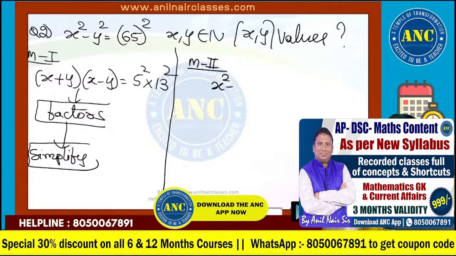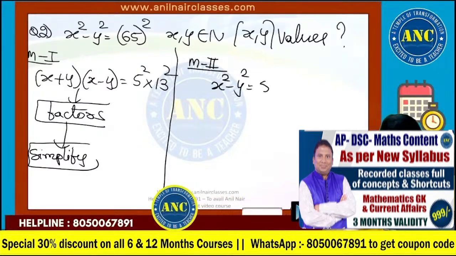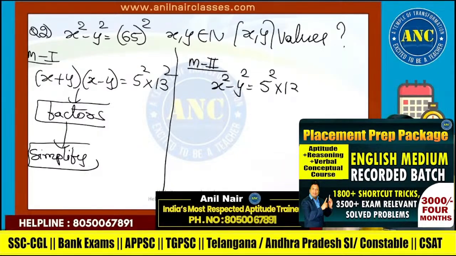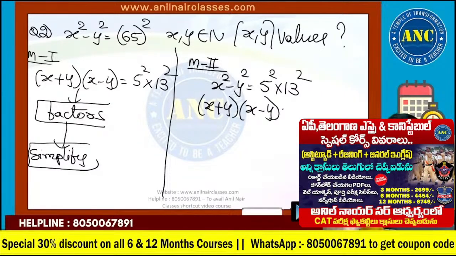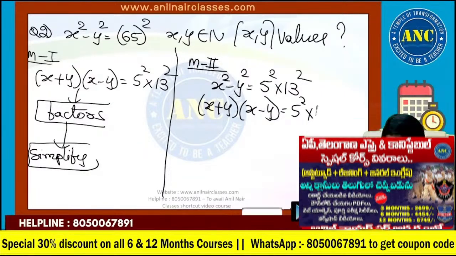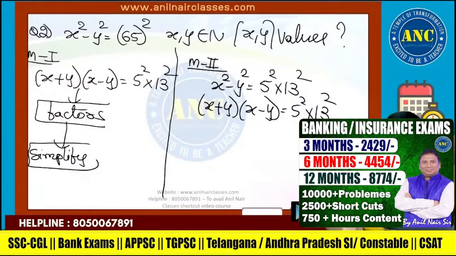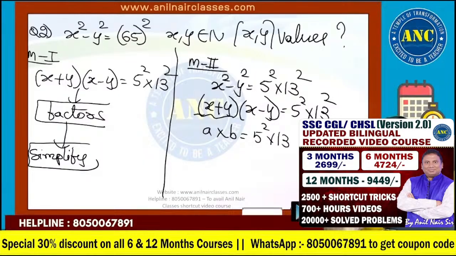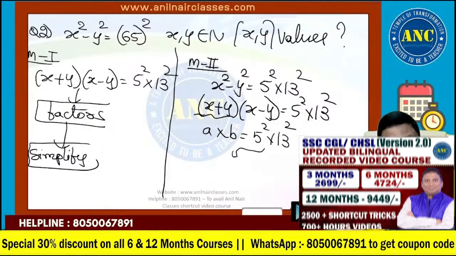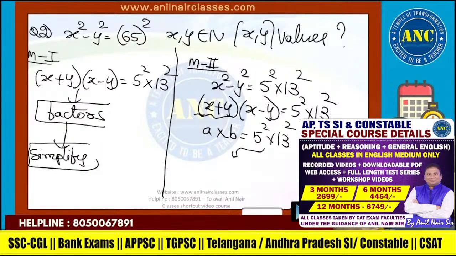X square minus y square equivalent to 5 square into 13 square. This is nothing but x plus y into x minus y. X, y are natural numbers. If I call these A and B, in how many ways can you write a number as a product of 2 variables? It is nothing but the number of factors.